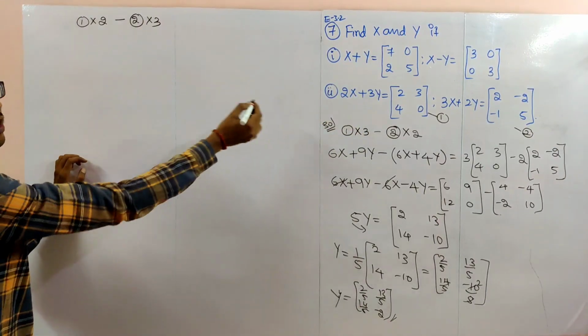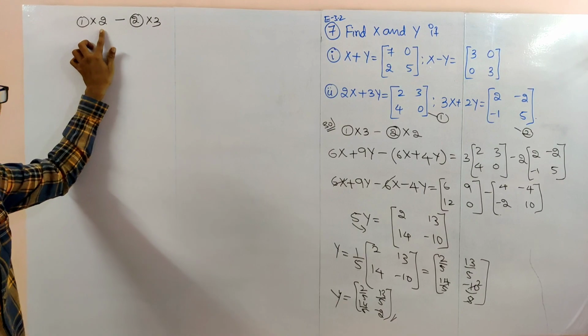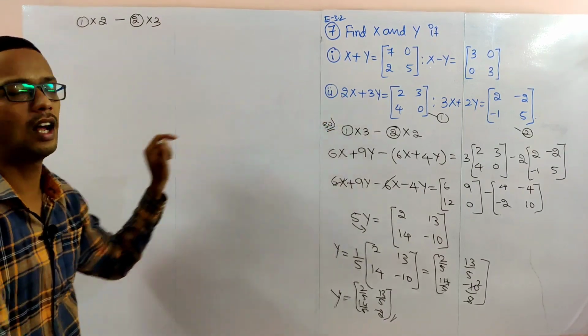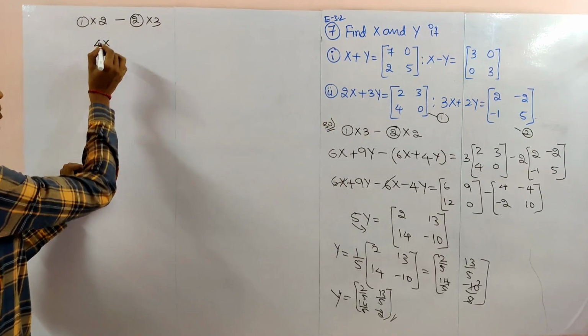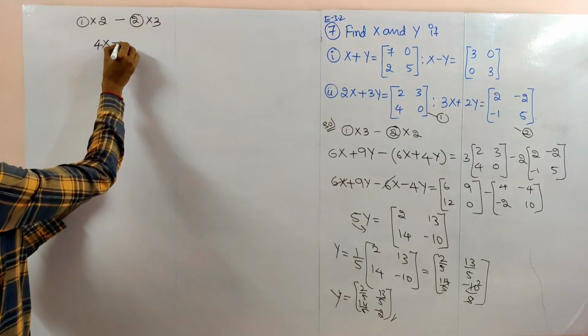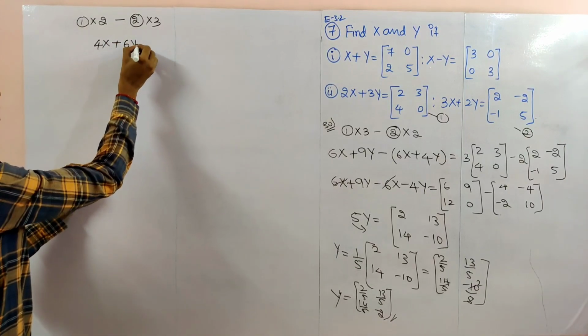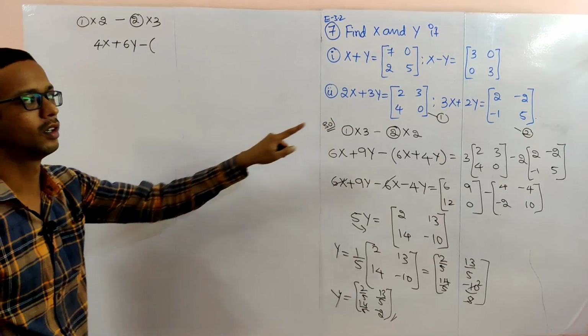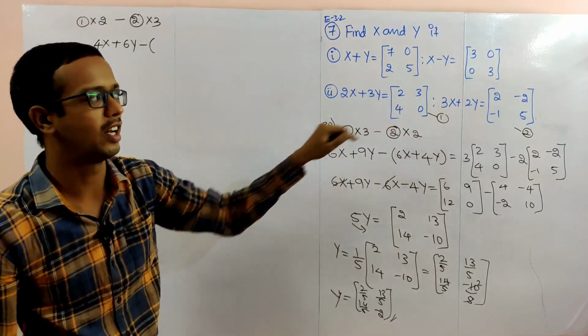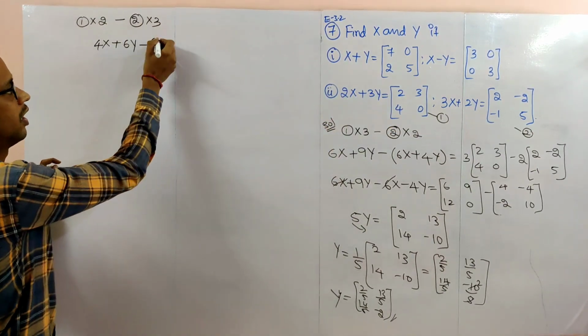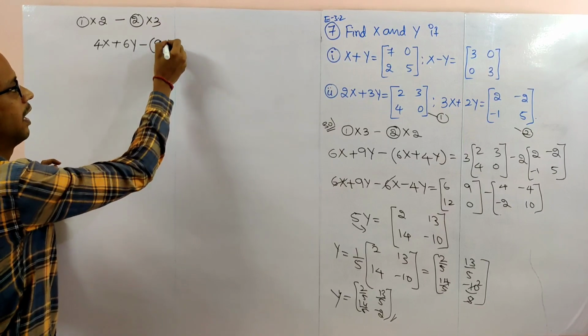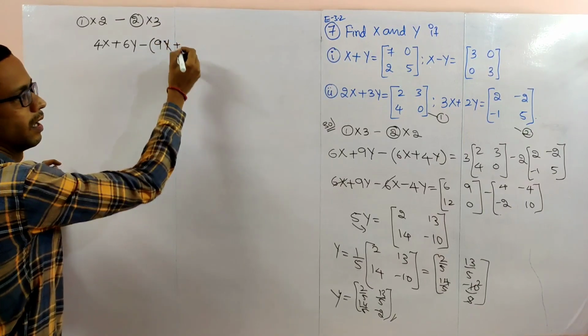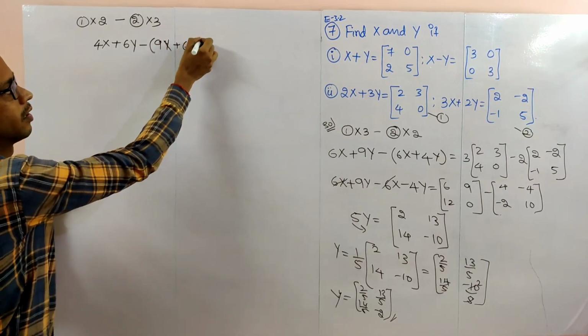So now make the left side simplification. Equation 1 into 2. 2 2s are 4x plus 6y, minus the left side of the second equation: 3 3s are 9x plus 3 2s are 6y.